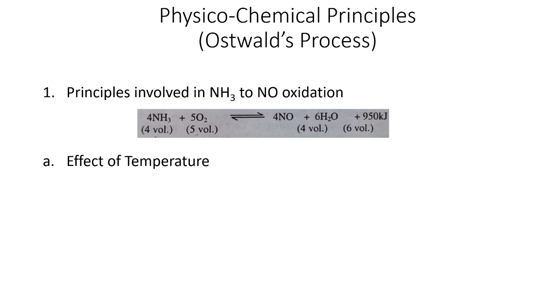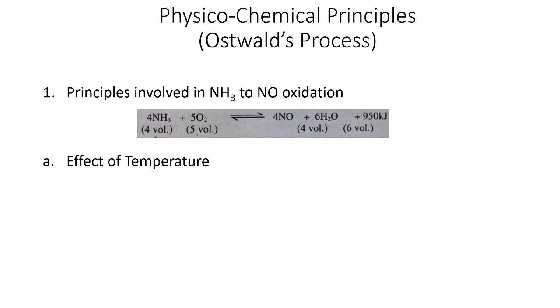So at low temperature, the rate of reaction is slow. The optimum temperature for this reaction is 750 degrees Celsius, when the pressure is 6.8 atmosphere. I told you at the beginning, these reacting gases are compressed at this pressure. So here the optimum temperature maintained is 750 degrees.